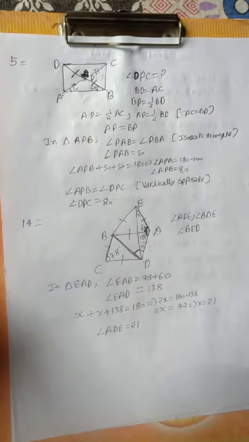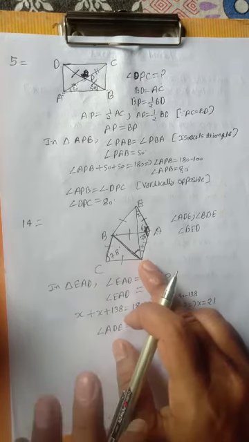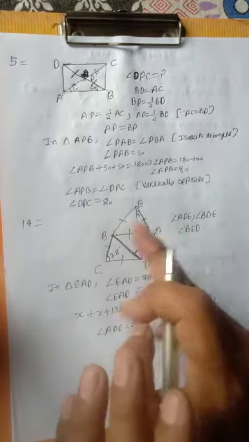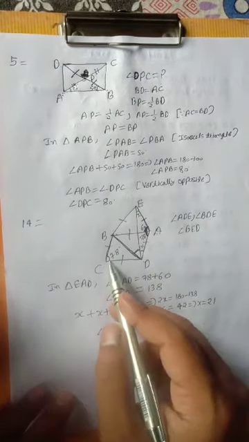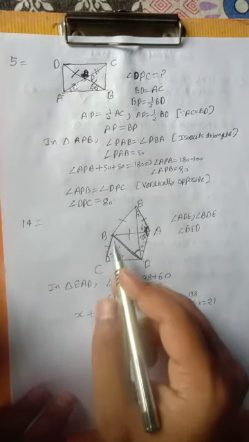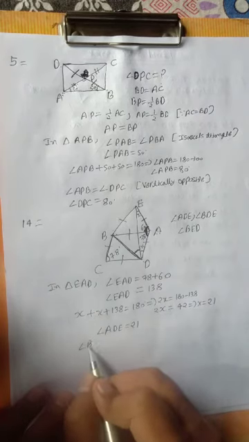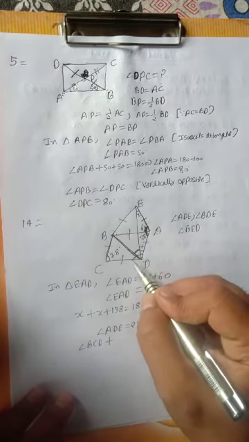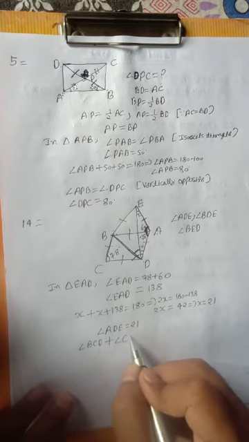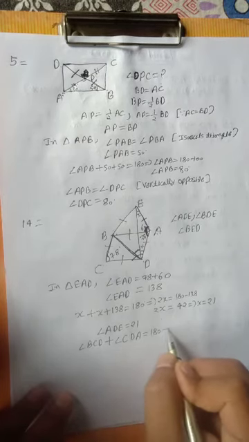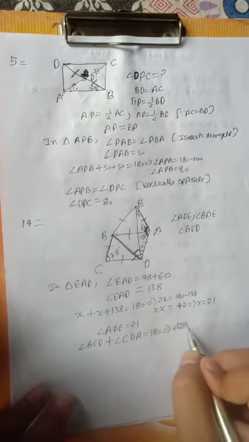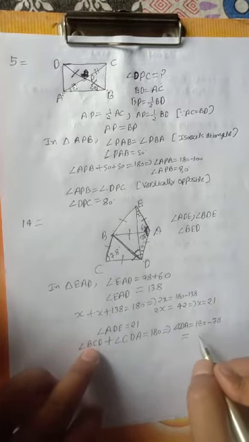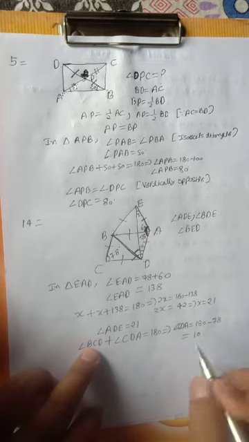We know that the sum of adjacent angles of a parallelogram is 180, and a rhombus is also a parallelogram, so the sum of adjacent angles is 180 degrees. So angle BCD plus angle CDE, this whole angle CDE, equals 180 degrees. Then angle CDE equals 180 minus BCD, 78, and this equals 102.